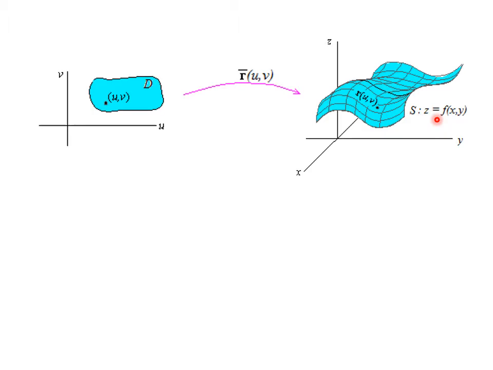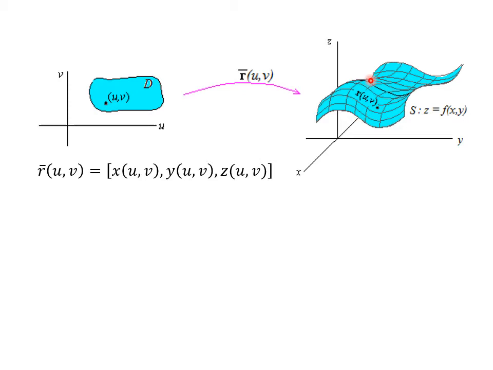We are referring through the vector function r bar of u comma v. So what is that r bar of u comma v? I am writing x in terms of u v, y in terms of u v and z in terms of u v. So r bar of u comma v is a vector x of u v i cap plus y of u v j cap plus z of u v k cap.